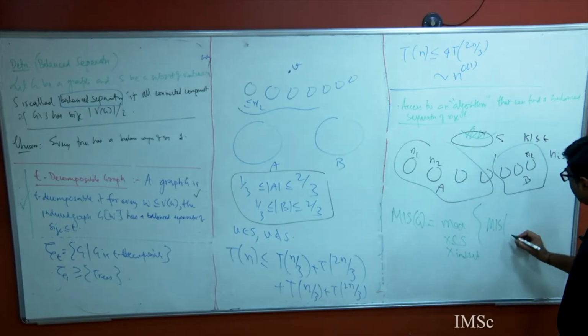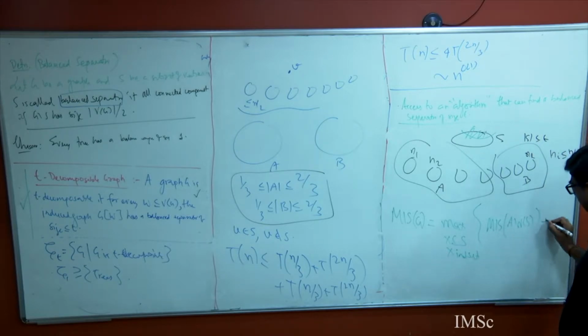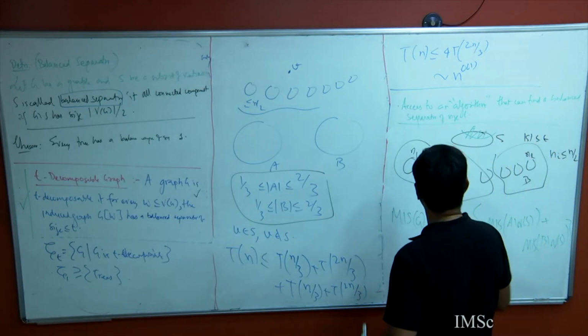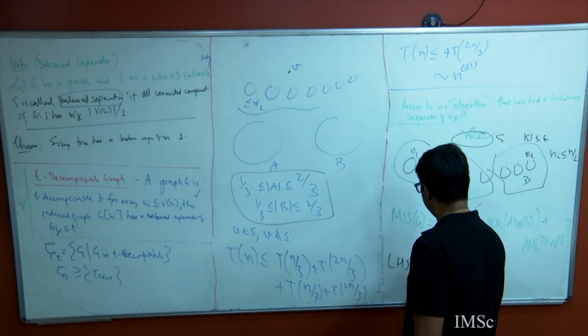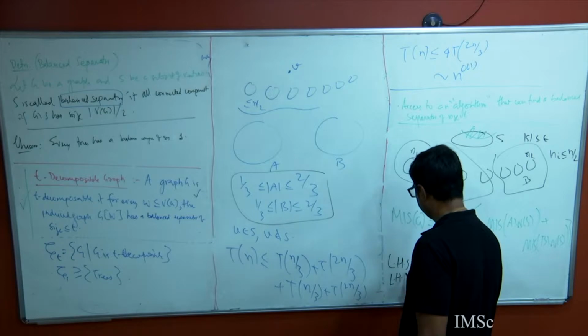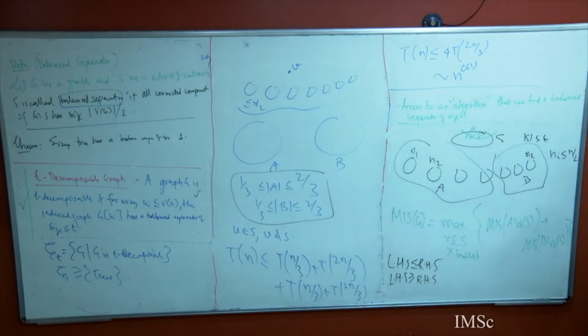So then I find MIS of A minus N(X) plus MIS of B minus N(X). This is how I would like to do it, and this is what I would like to return. Now I need to show why this is correct. To show it is correct, all I need to show is that LHS is less than or equal to RHS and LHS is greater than or equal to RHS.